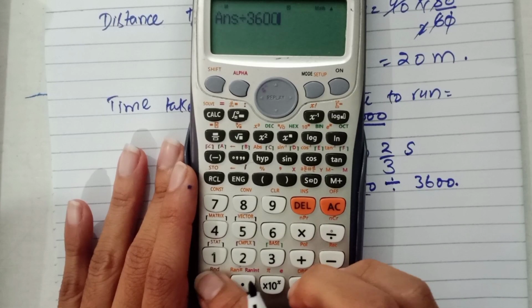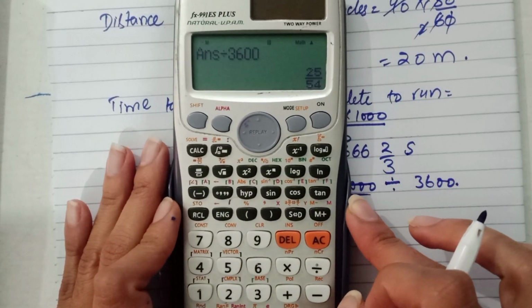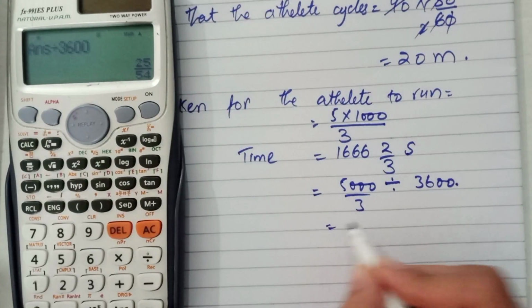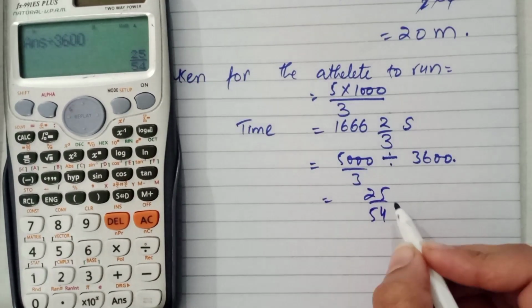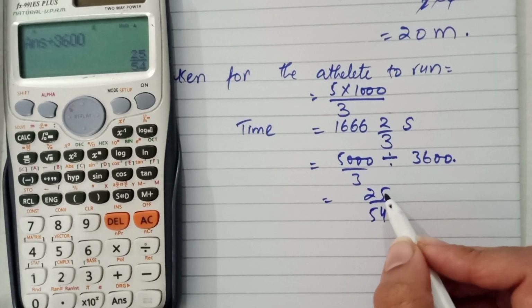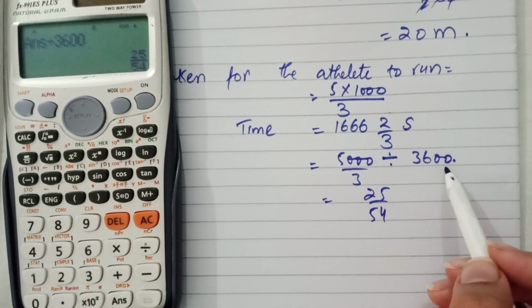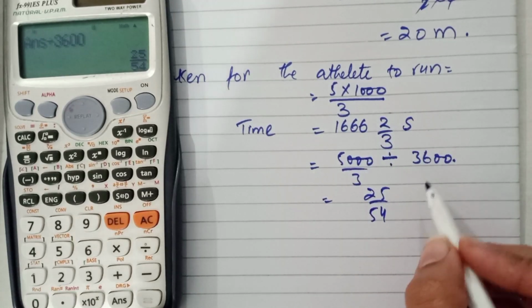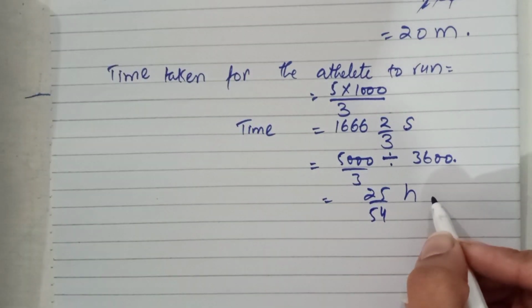Dividing by 3600, we get 25 over 54. We get the time 25 upon 54. In the calculator, we can divide this by 3600 and we get the answer. And this time is in hours.